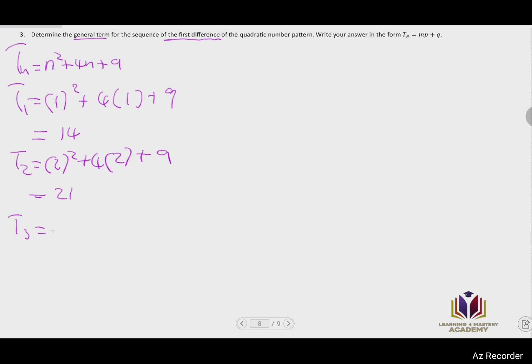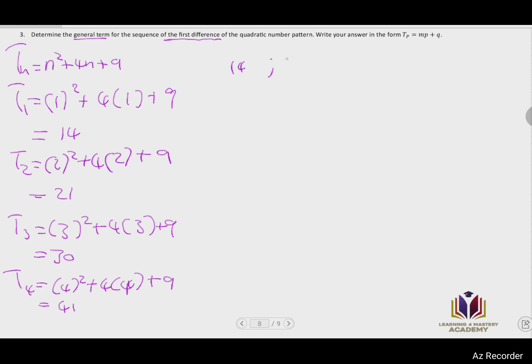T3 equals 3 squared plus 3 plus 9. This is going to give us 30. Let's also get T4: 4 squared plus 4 plus 9 is equal to 41. There we go.